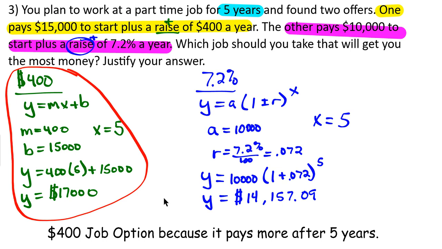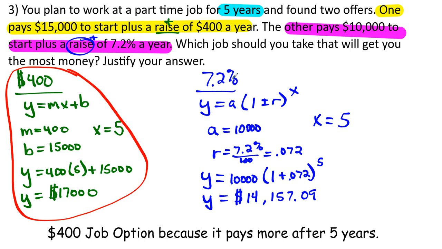So here you had worked a part-time job for 5 years, and there were 2 offers. One pays $15,000 to start plus a raise of $400 a year, while the other pays $10,000 to start plus a raise of 7.2% a year. So we did our math. The $400 was our linear option since we're increasing by a value. That gave us $17,000 after 5 years.